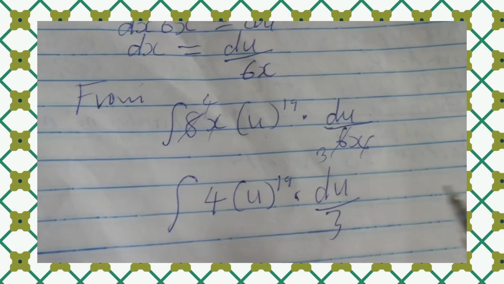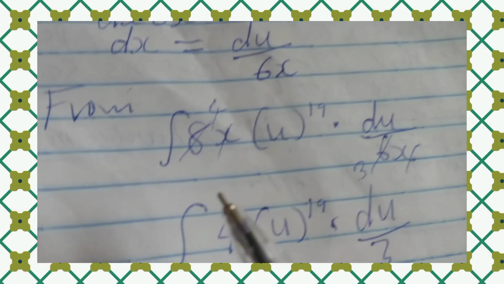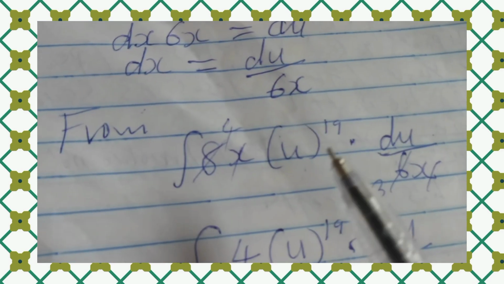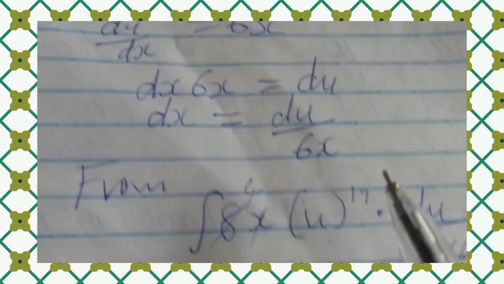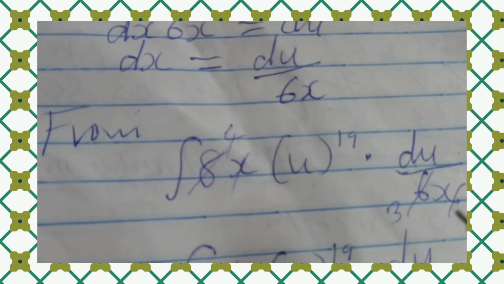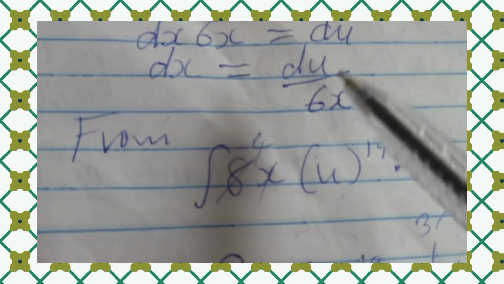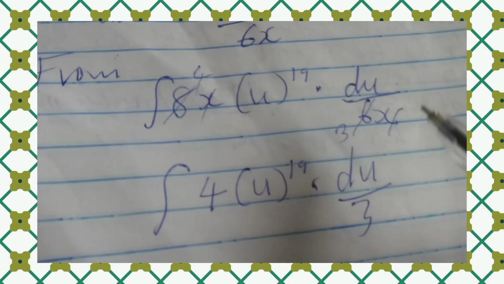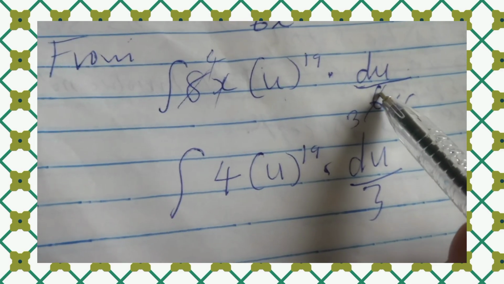So now we know that the integral of 8x times u raised to the power of 19 times dx, this is the dx now, we substitute what, du over 6x, because this is the value of dx. So we know that 2 going into this 6 how many times? 3.